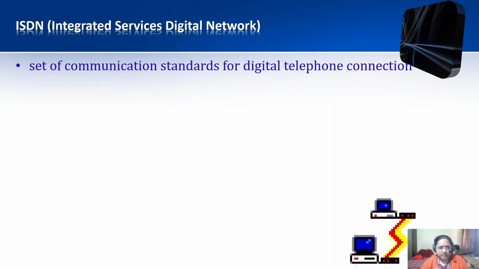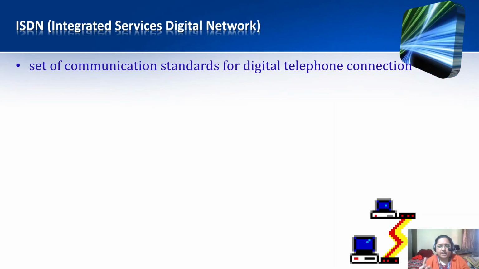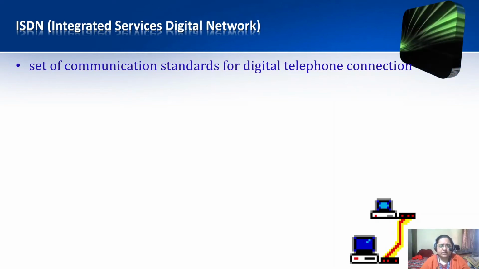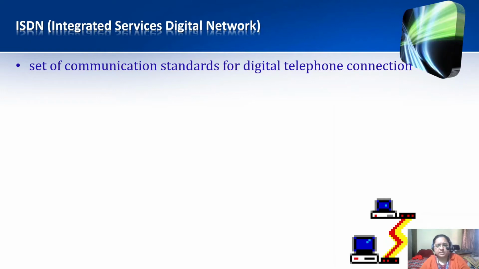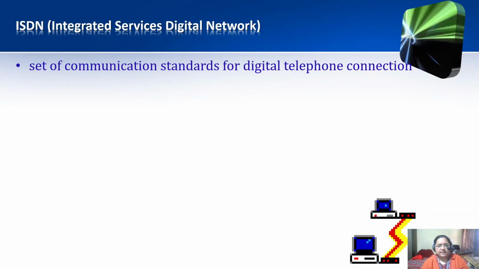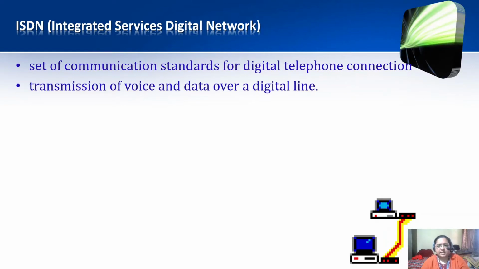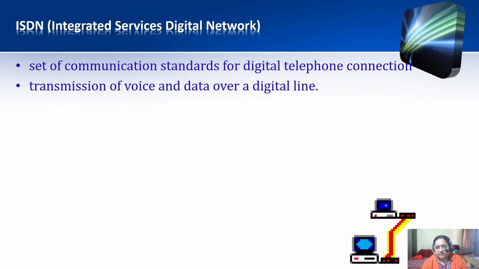With such less speed. So after that came ISDN, that is Integrated Services Digital Network. It was a set of communication standards for digital telephone connection, that is, carrying data over digital lines. So transmission of voice and data is done over a digital line.